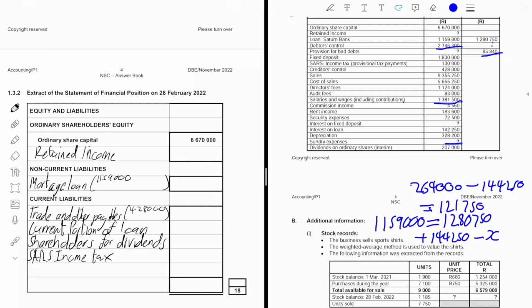But remember, they did say that this 121,750 will increase by 10% next year. So it's times 1.1, and this will give me the current portion of my loan, which is 133,925.